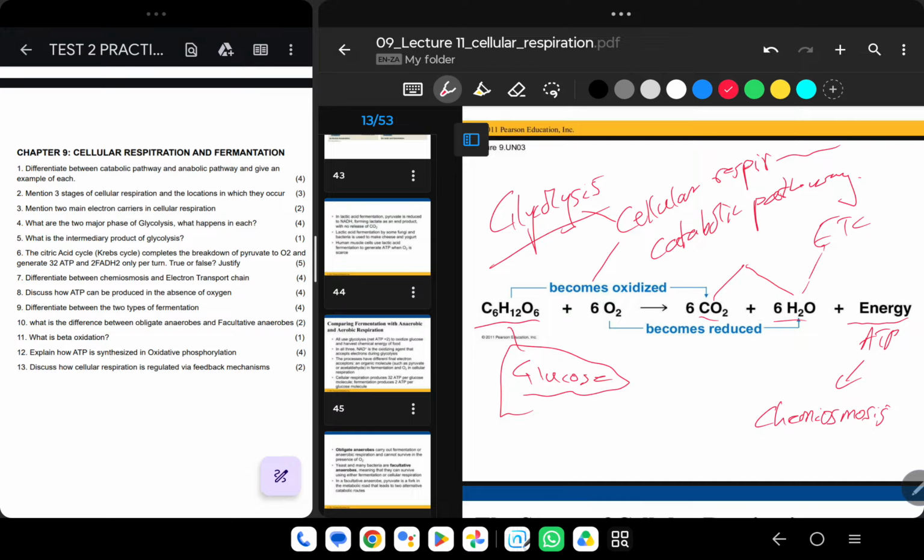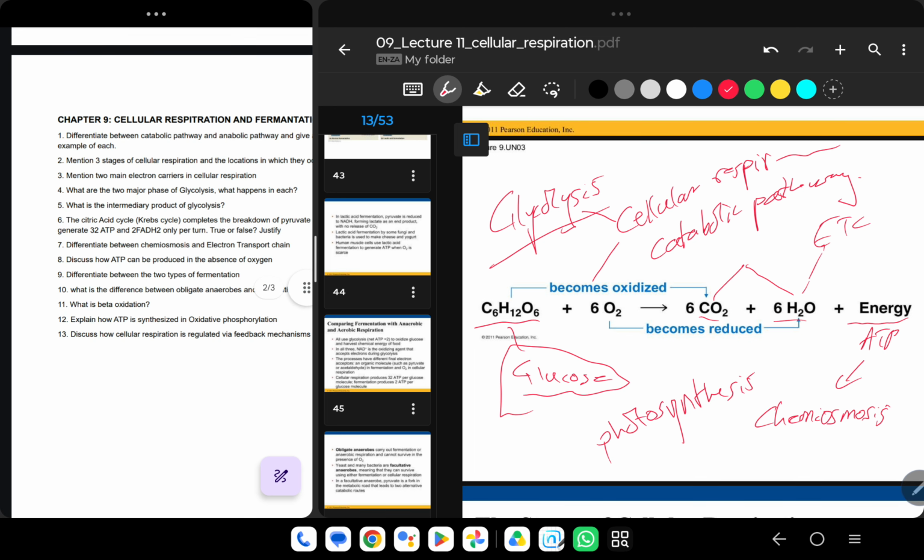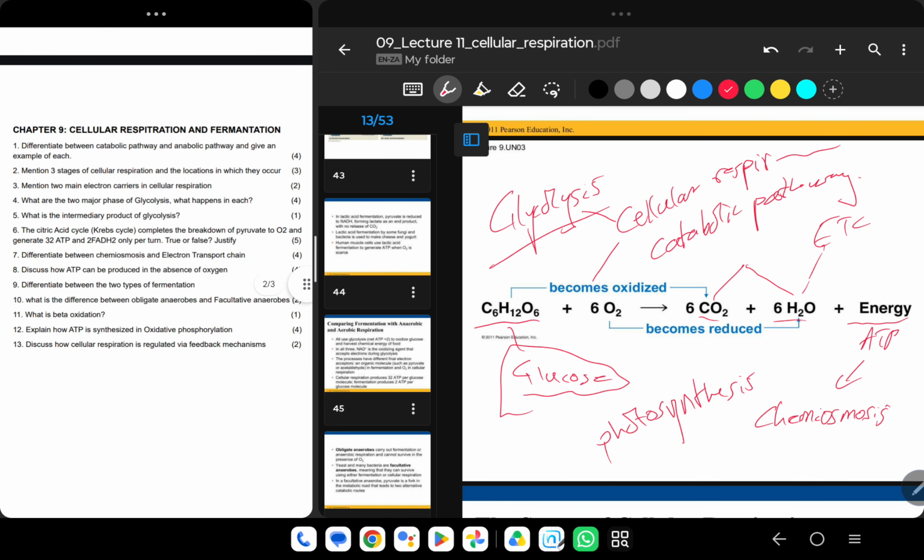An anabolic pathway example can be photosynthesis. Another example of an anabolic pathway is gluconeogenesis. Those are the examples.